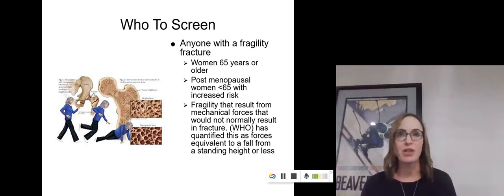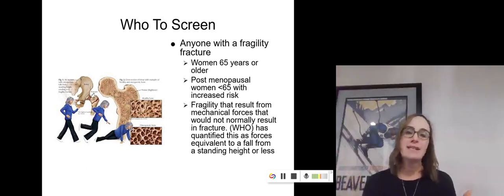Is that a fragility fracture? Well, how much does the person weigh? If they're 400 pounds and they fall on their wrist, it probably was supposed to break. So really determining whether or not it's a fragility fracture matters, because if the bone density is normal and they have a fragility fracture, they still have osteoporosis. And that's where it gets tricky.